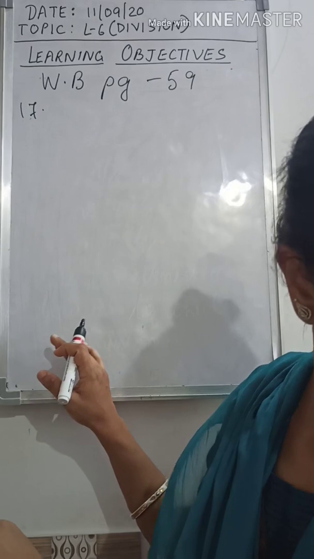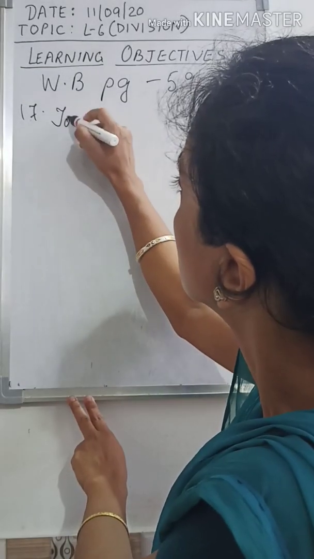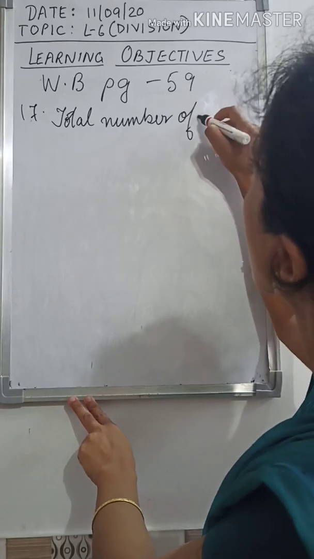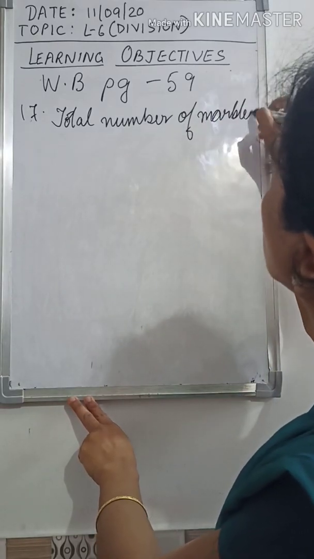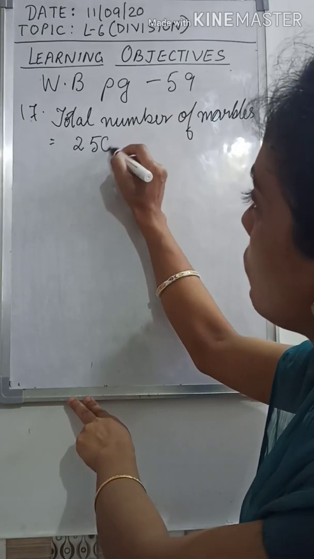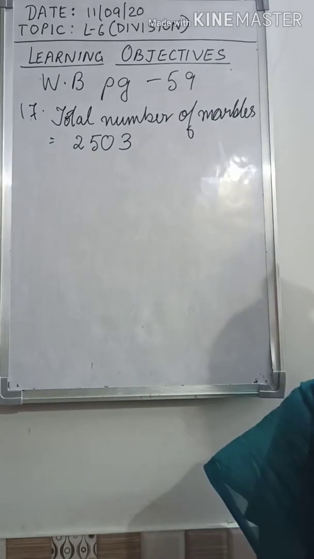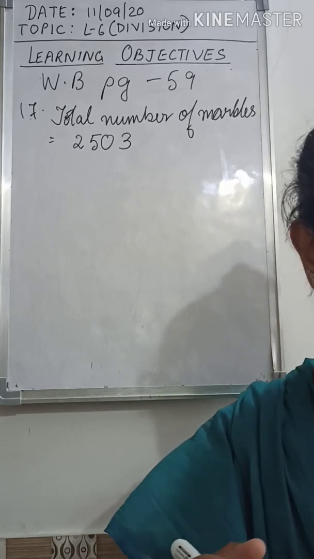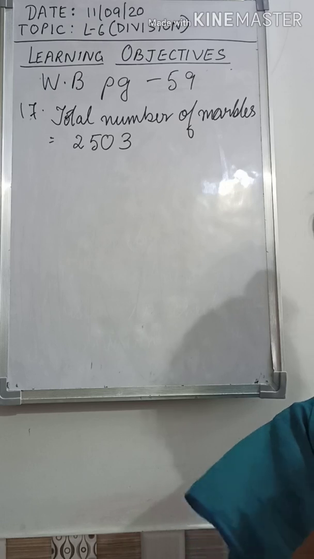We are given the total number of marbles. So what is the total number of marbles? 2503. Okay, so now you are asked to check whether you can divide them in groups of 3 and 6 exactly.